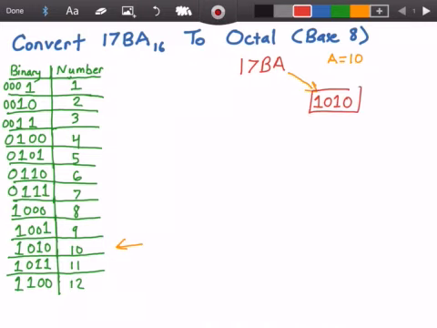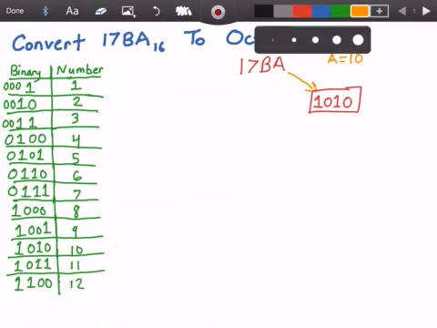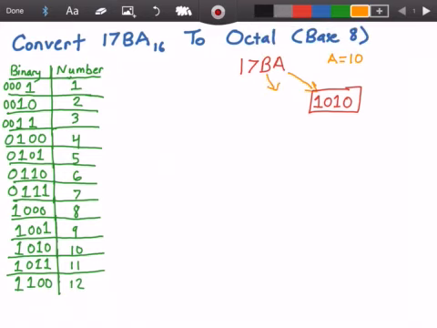I'm going to erase that arrow. All right, next we're going to convert the letter B. B in hexadecimal represents the number 11.